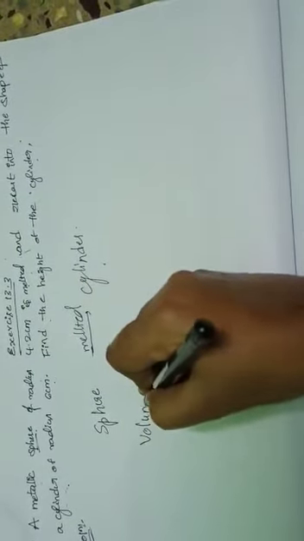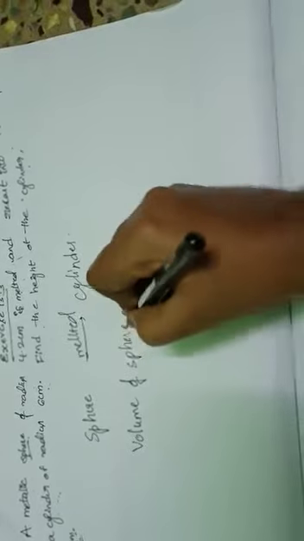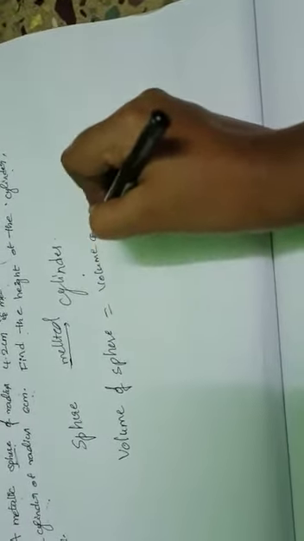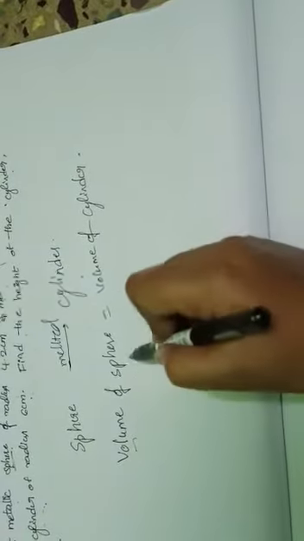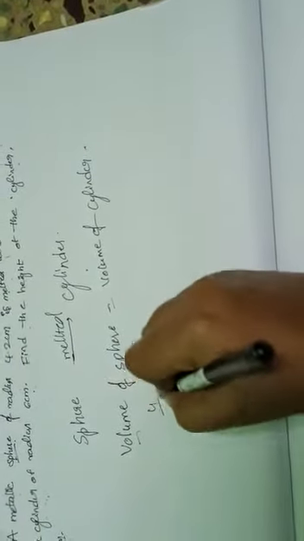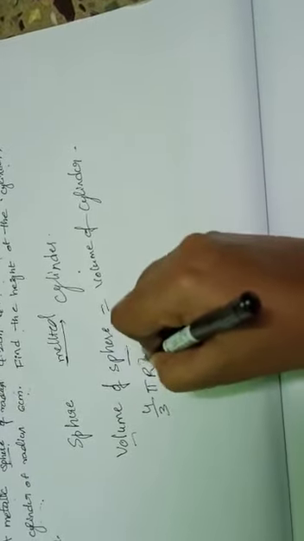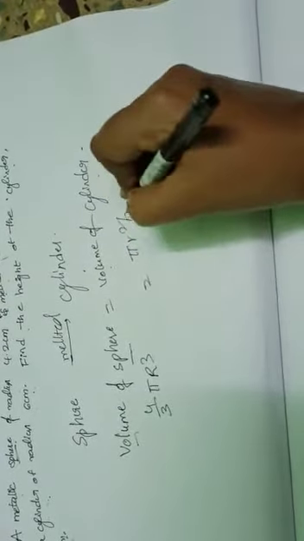Okay, it means volume of sphere equals volume of cylinder. What is the volume formula for a sphere? 4 by 3 pi r cube. Volume of cylinder, pi r square h.